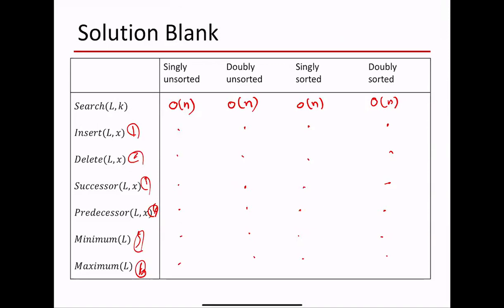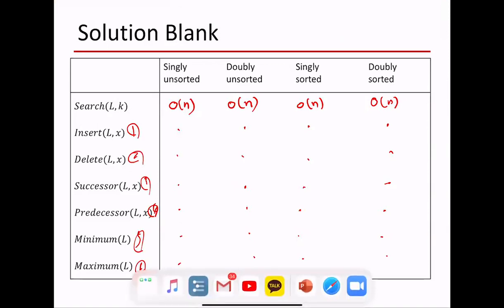I'm going to check Yuha as insertion, and I'm going to ask Ko So-young as deletion. Songjun as successor, and Hanmin as predecessor, and Ayong as minimum.